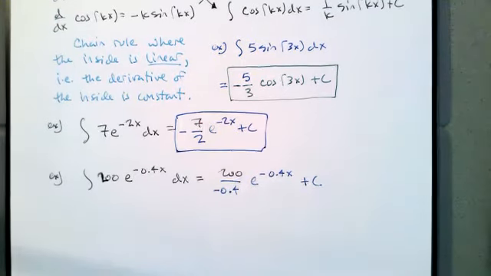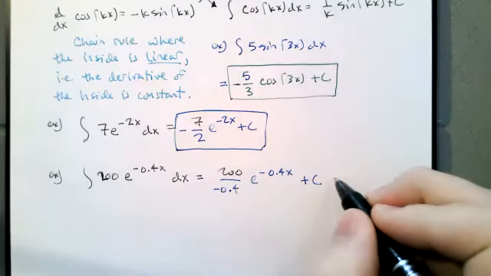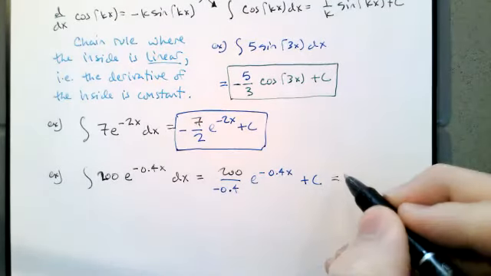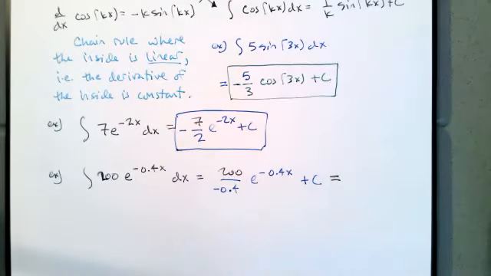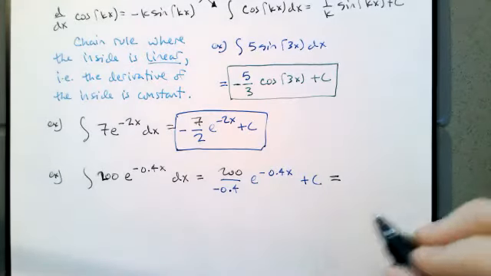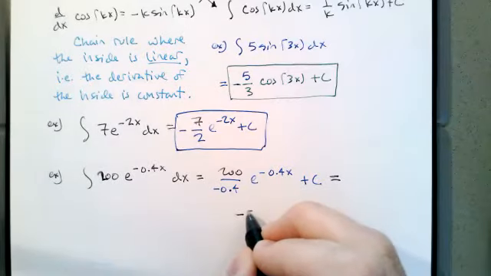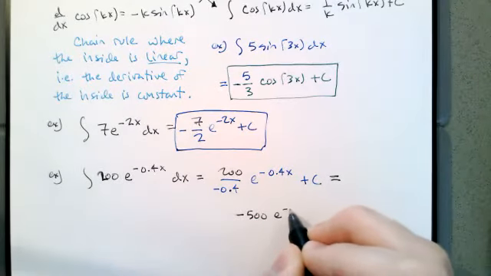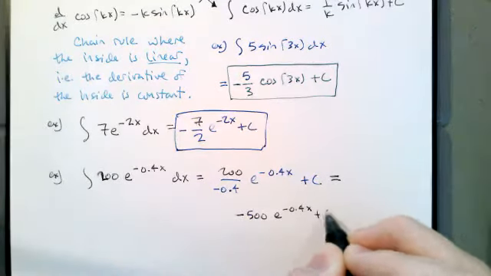Would you just divide 200 by 0.4 to simplify? Yes, I want to simplify. Anytime you have a bunch of constants mushed together, simplify that. So 2,000 divided by 4 is 500. So minus 500 e to the negative 0.4x plus c.